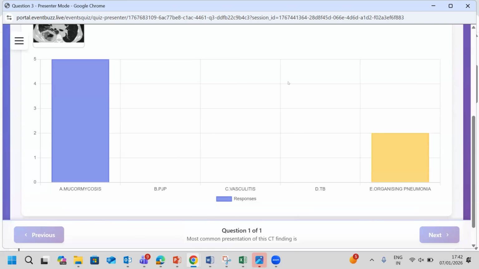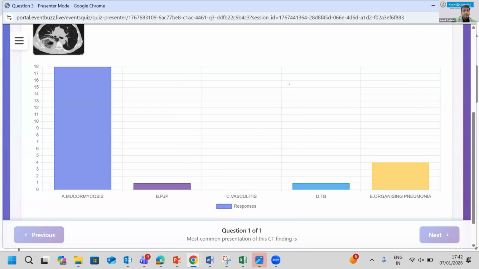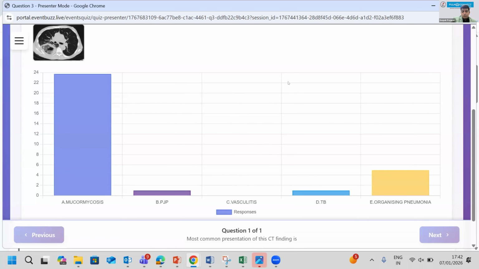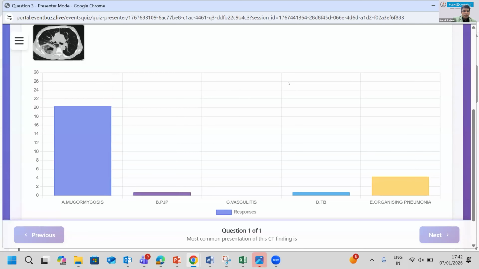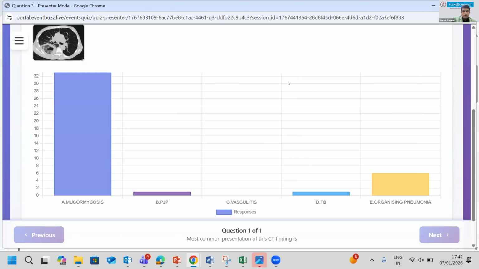So the third question is live now. The most common presentation with this CT images. So the question is most common presentation. He's telling you repeatedly the hint. The options are mucormycosis, PJP pneumonia, vasculitis, tuberculosis, or organizing pneumonia.